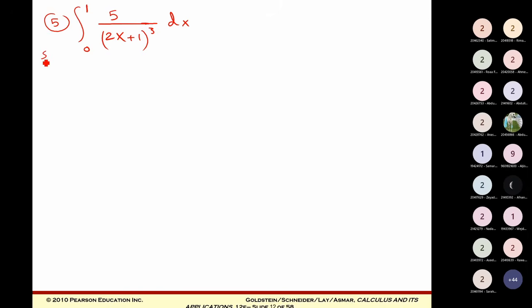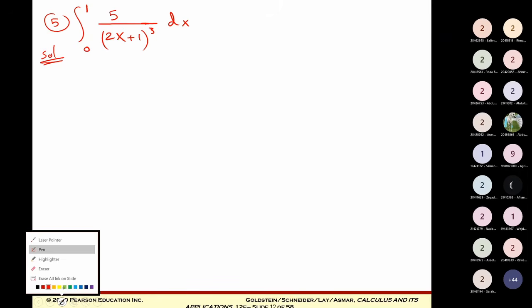Now, if we have definite integration from 0 to 1, we cannot substitute 0 and 1 with respect to u; it must be with respect to x. So after finding the integration, we must replace u with x. After that, we can substitute 0 and 1.